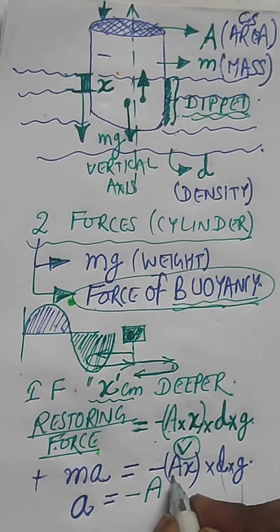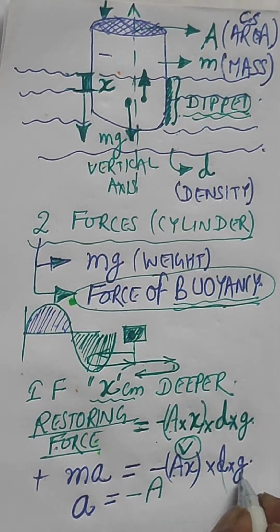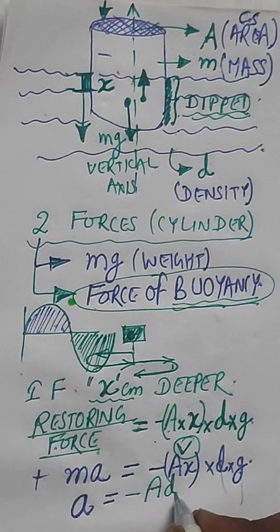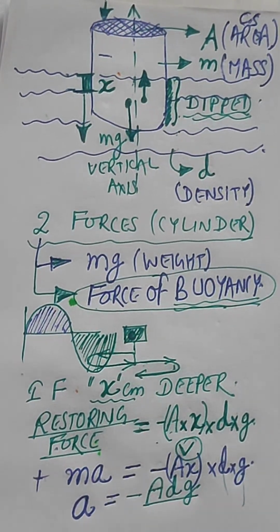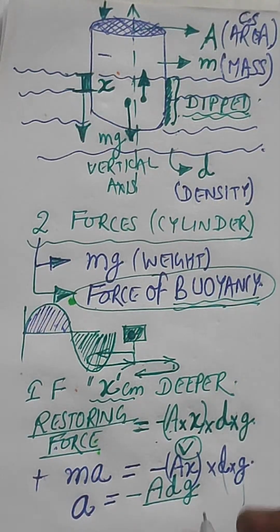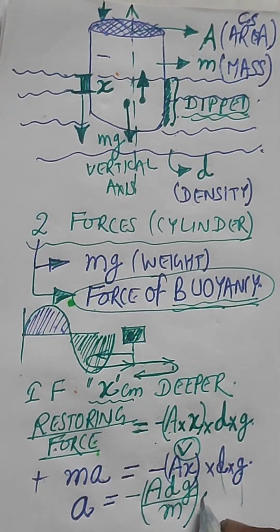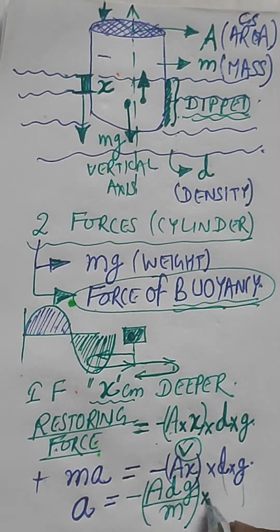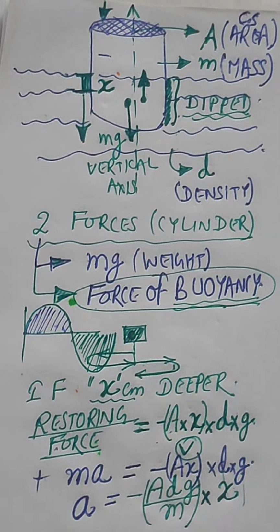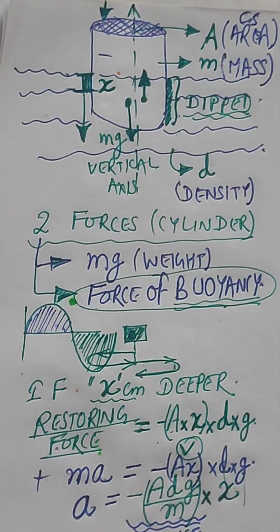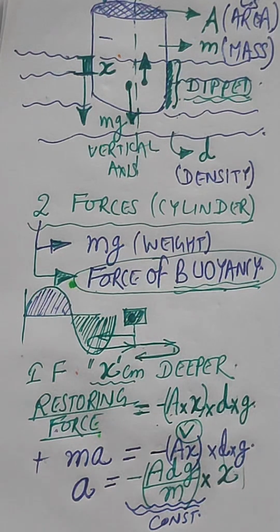Here you can see A is a value, D is a value, and G is also a value. So let us write it: minus A, D, G divided by M, since M will go to the RHS, multiplied with this X. So here you can see this is a constant.